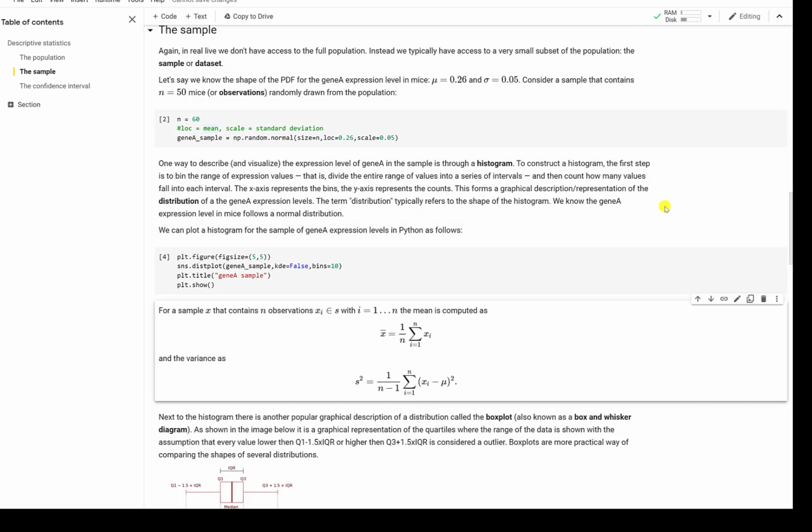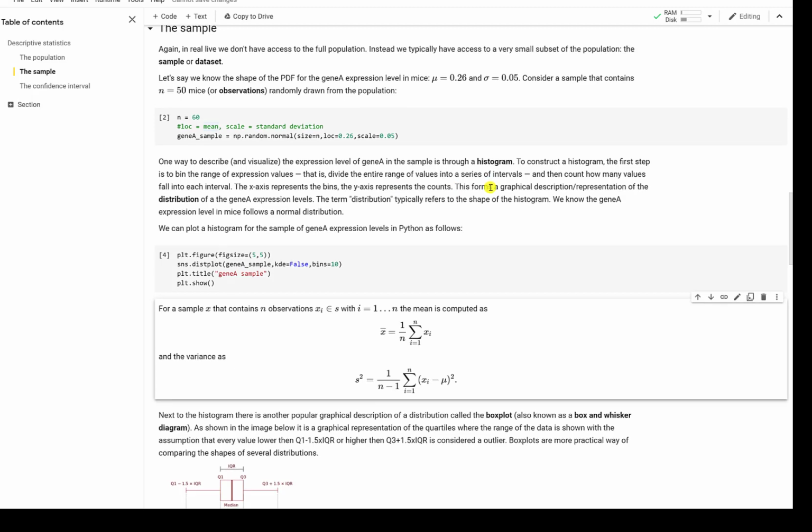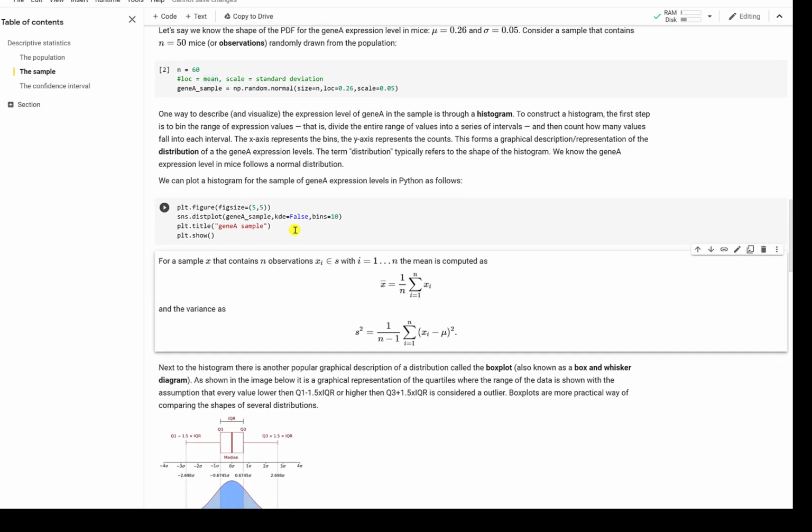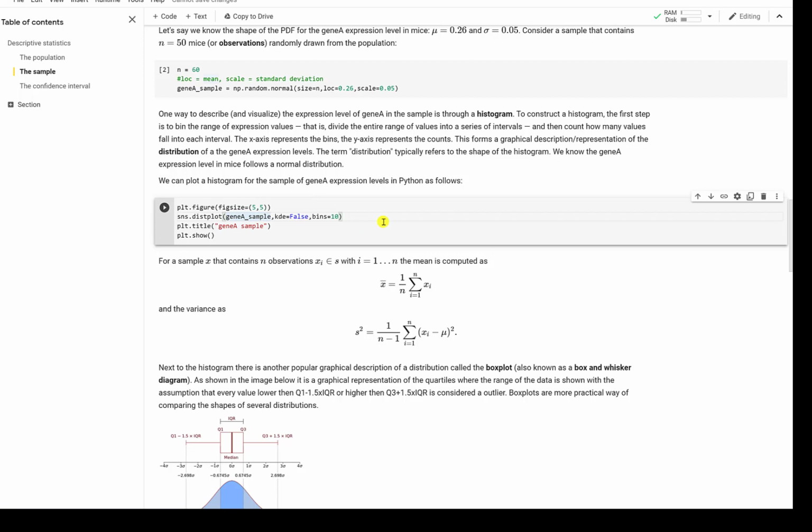A better way to describe the values in this sample, next to the list that I just showed you, is a histogram. We're going to visualize this sample, and it's actually a very trivial thing to do. You just take the whole range of, in our case, gene A expression values, and you bin those. You create bins of equal size, and then you count the number of values that fall within each bin. We can use this small piece of Python code to plot such a histogram for our gene A sample, which we sampled from this population.